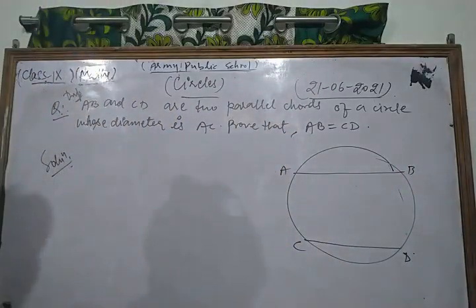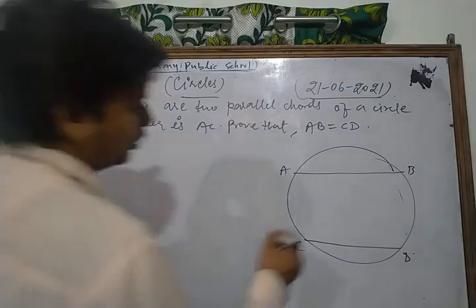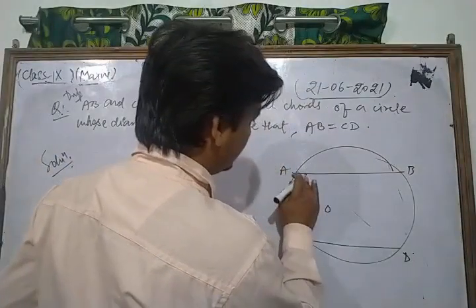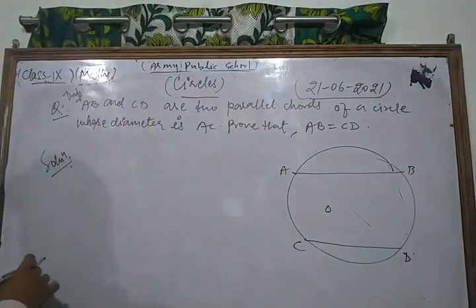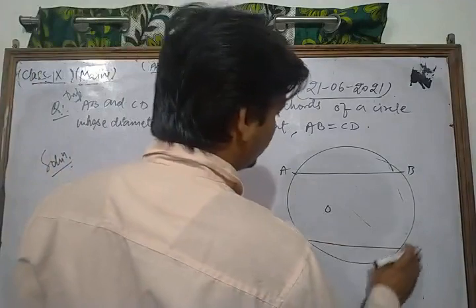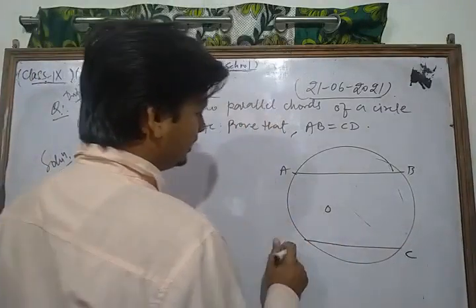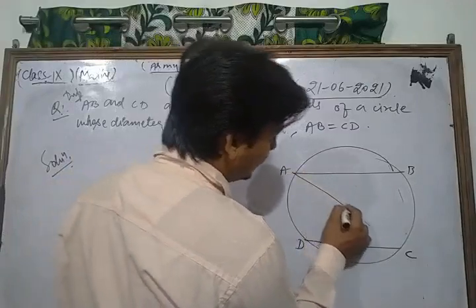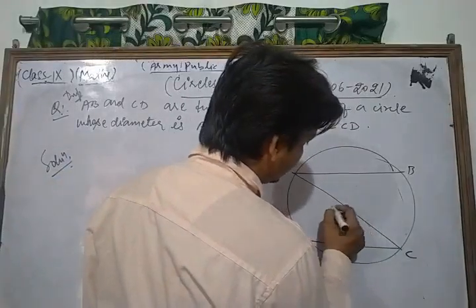These are the two parallel chords of a circle whose diameter is AC. Let us take the center, and now we join AC as the diameter. So AC is the diameter, and we take C on one side and D on the other side. Now we join AC, and this is the center O.